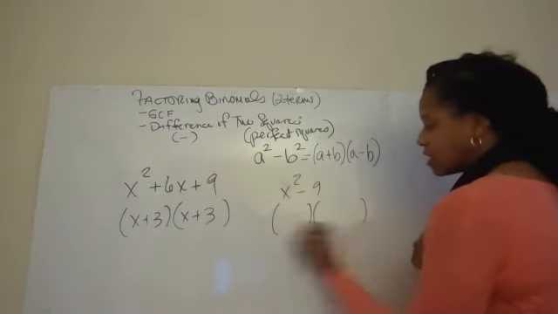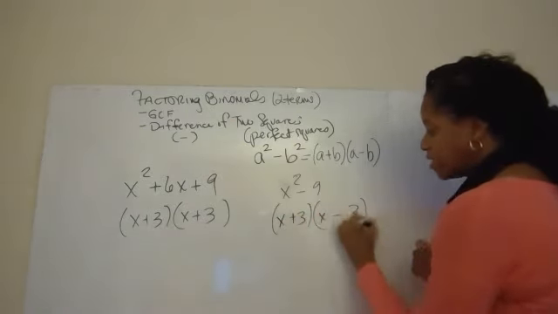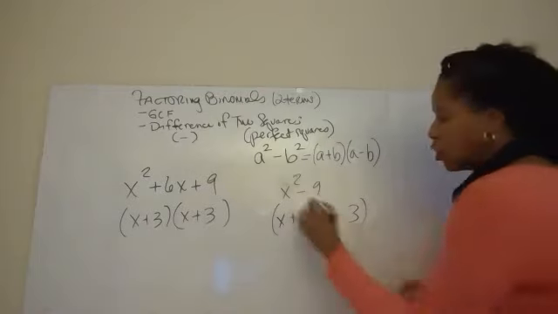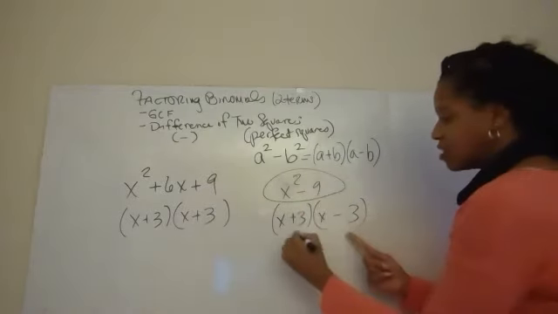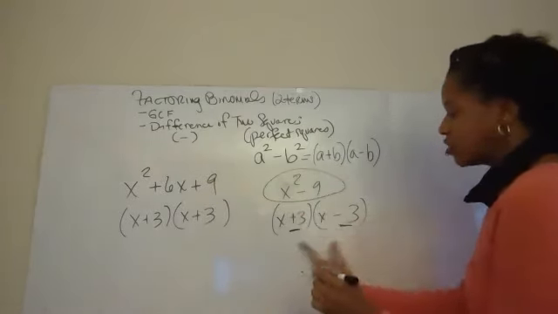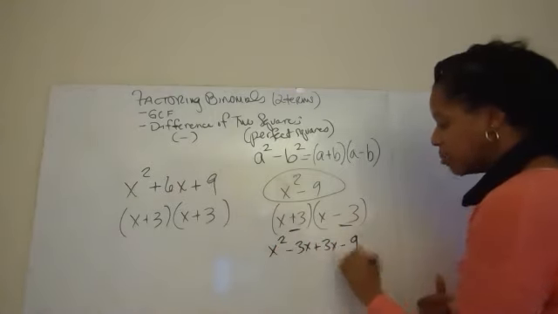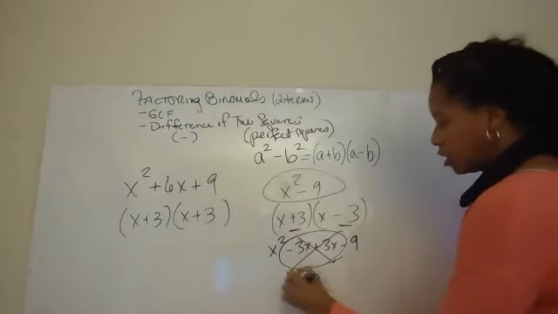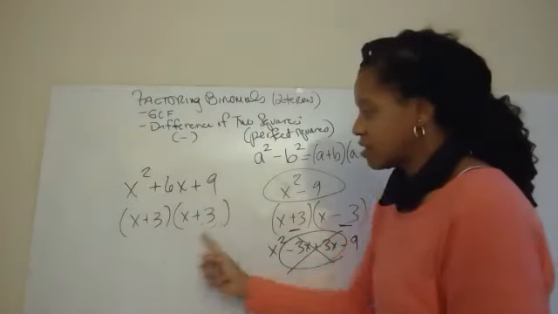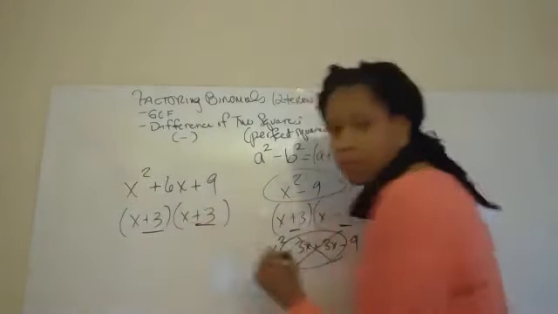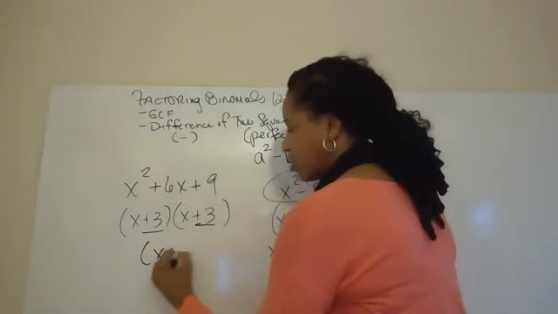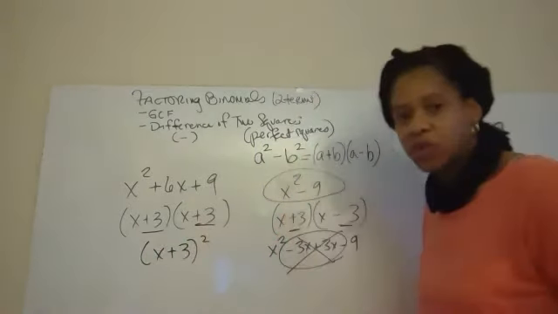And so the signs have to be different because there's no middle term. So when you're doing the difference of squares, the signs always have to be opposite to actually multiply back to create what you need, because the middle is gone. When you have the same exact factors, that's when you can do x plus 3 squared.